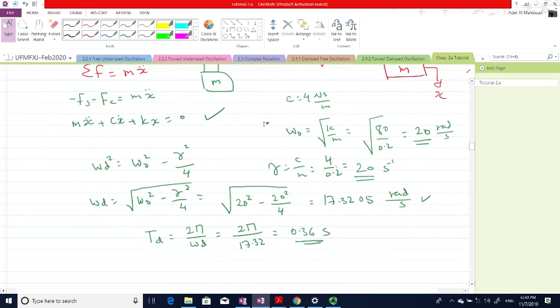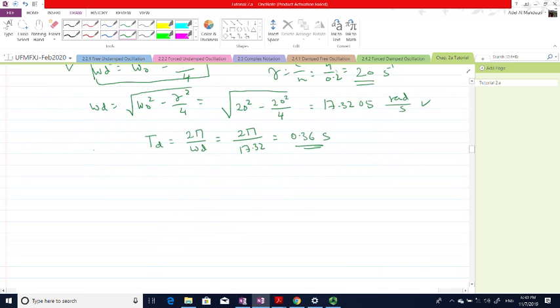Now, we use the formula, right? We use this formula only for free damped oscillation. But now we need another formula for forced damped oscillation. What are you going to use? In the previous class, we discussed this formula, which is related to the frequency ratio and the damping ratio.